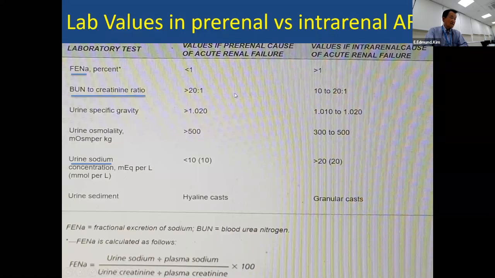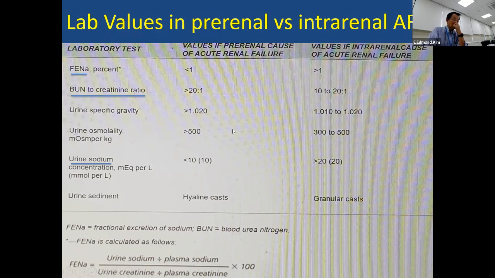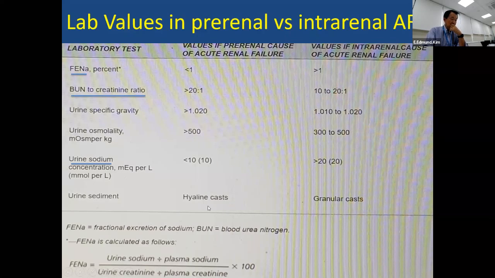And fractional sodium less than 1 makes a pre-renal, greater than 1 intrarenal. And also urine sodium less than 1 makes a pre-renal. So this way, by clinics, we usually make some distinction of pre-renal disease, intra-renal kidney disease, and things.